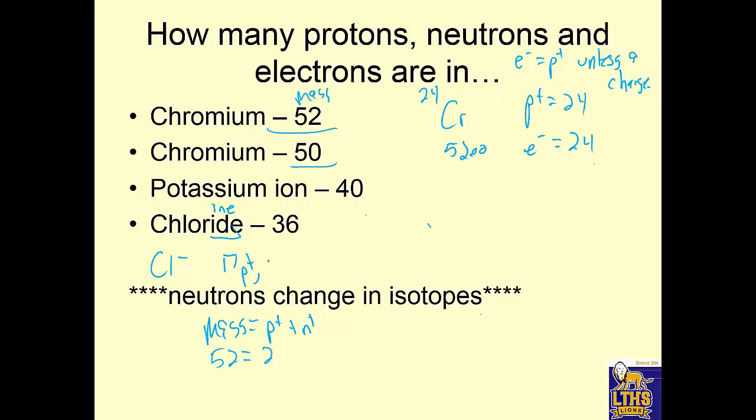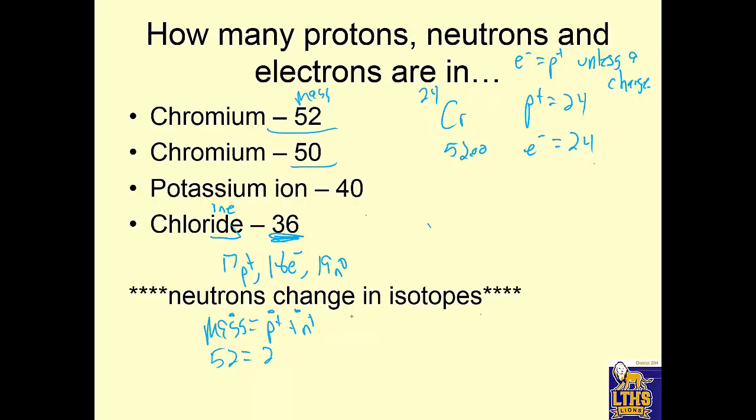Now if it's negative 1, negative things have more negatives than positives, right? So it has to have 18 electrons. And 36 is its mass, and mass is protons plus neutrons, so we have 36 minus 17, and that means I would have 19 neutrons.